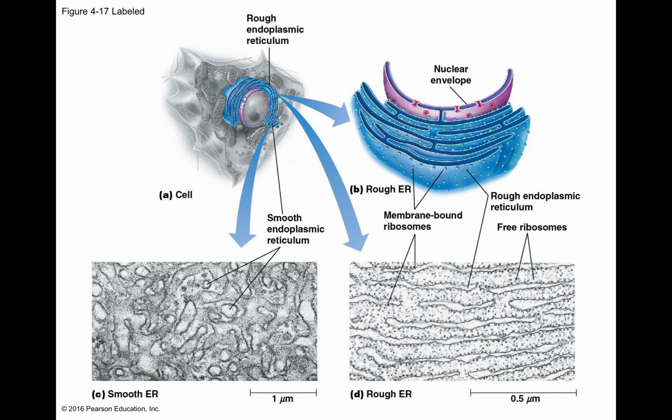Let me say that again. The only proteins that are made on cytoplasmic ribosomes are proteins that stay in the cytoplasm. So most of the protein in a cell, that's not the case. Most of the protein in a cell is associated with a membrane or an organelle or is exported outside the cell. In that case, it's all made on the rough ER.